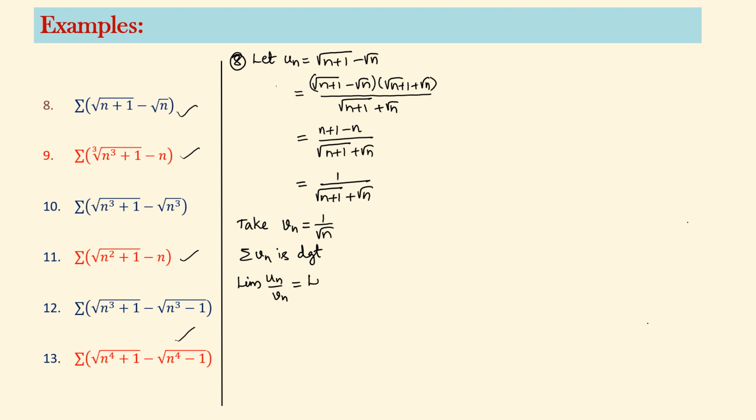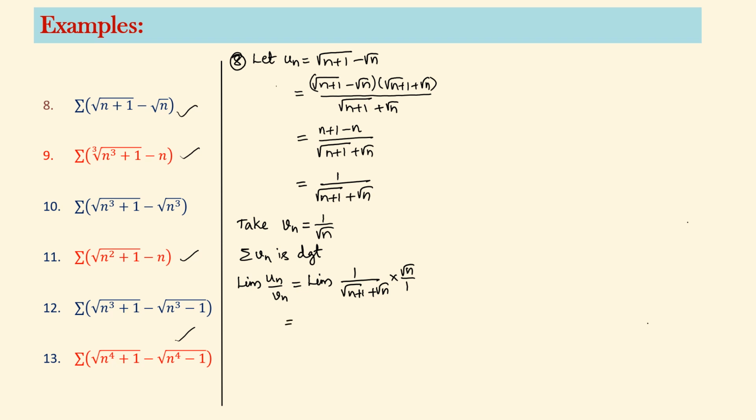Now let us calculate limit of un by vn. This is equal to limit of un, which is 1 by root n plus 1 plus root n, divided by vn, which is 1 by root n. So taking this to the numerator, we have root n by 1.